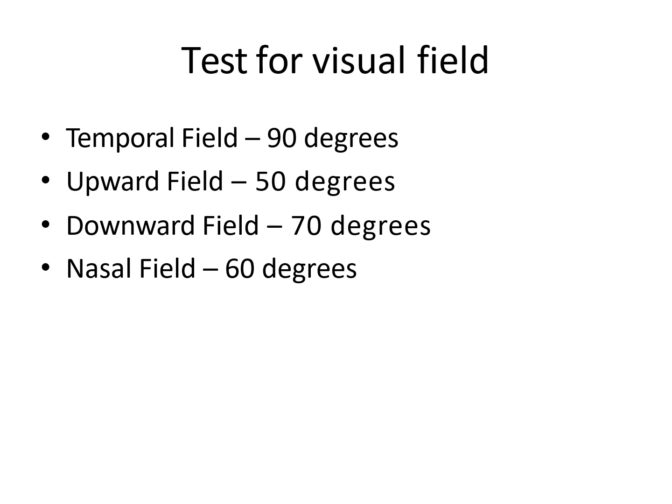The temporal field is normally 90 degrees. The upper visual field is about 50 degrees. For the downward, it is 70 degrees. In the nasal field, if you are assessing the right eye, it is at the midline or near the nose, at 60 degrees.